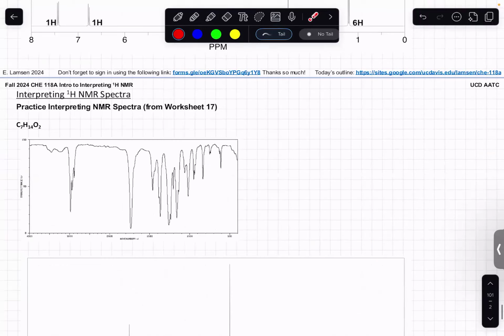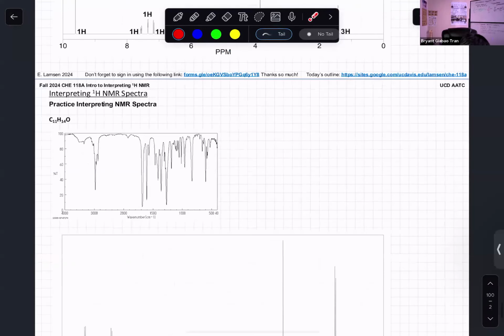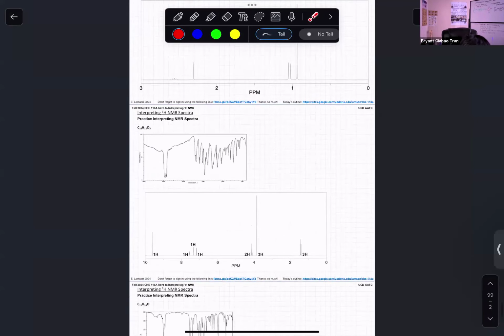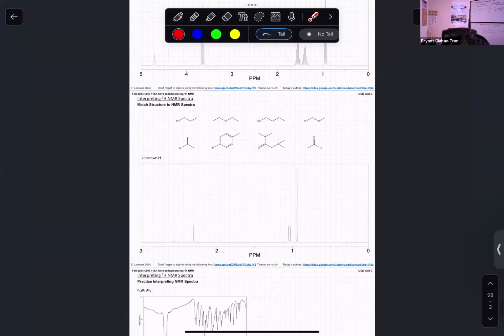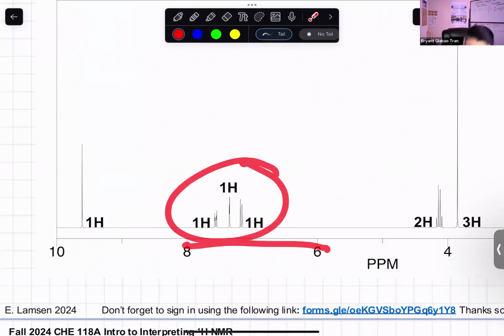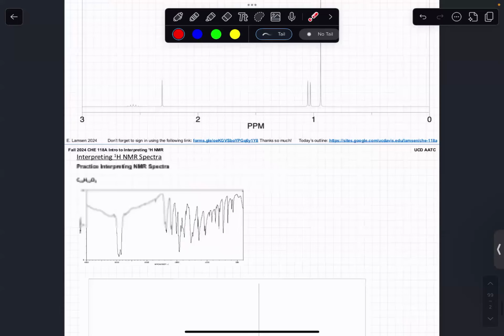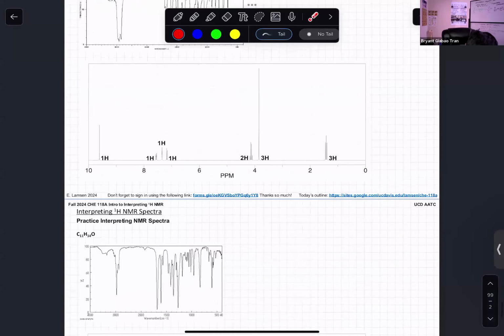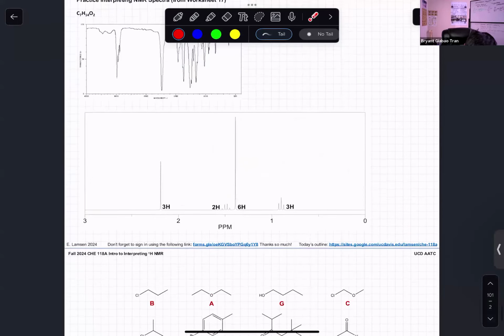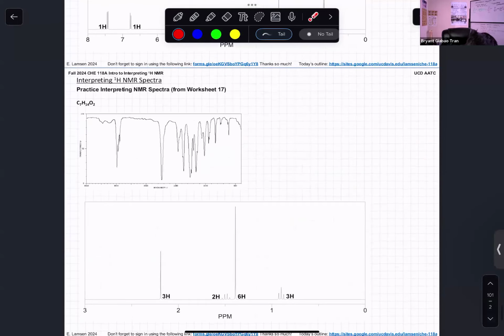So let's do one that looks crazy, which is going to be this one here. 6 to 8, that's more of a 118B thing. I don't think you'll be tested on this for 118A. Yeah, I'm not sure. So let's do this one.